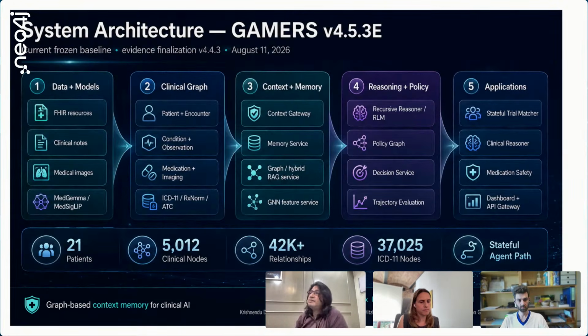Now over here, when we look into system architecture, the first part is data and model. This is where we are looking into a different kind of data format. We are trying to understand what this data actually entails. Now for this, we are using MedGemma and MedSigLIP as the upper layer, but when we actually process the data, when we actually run the agent, we run everything through completely open source and local models.